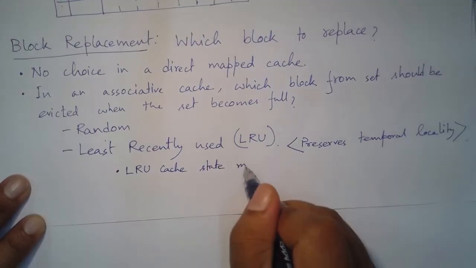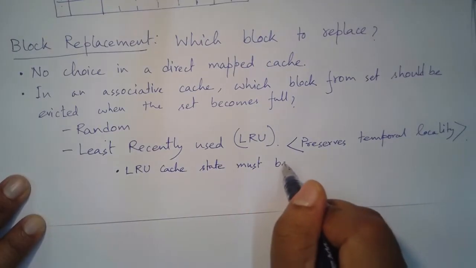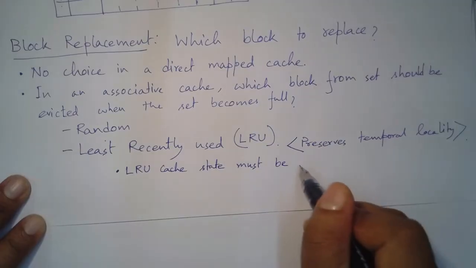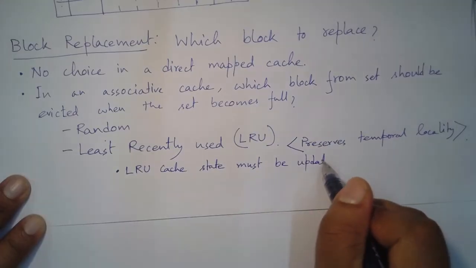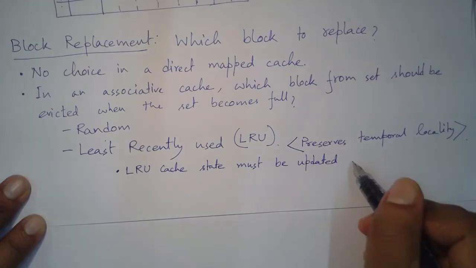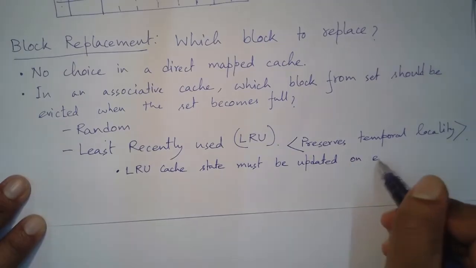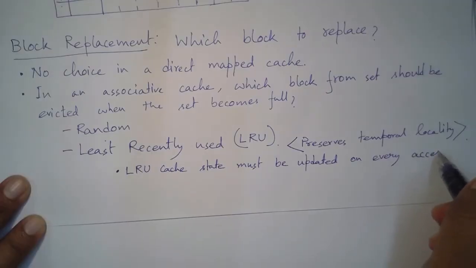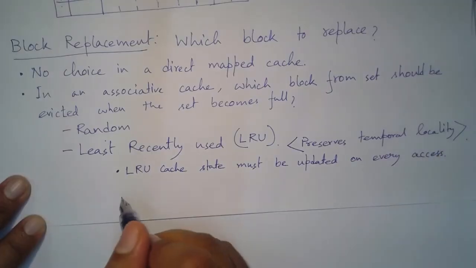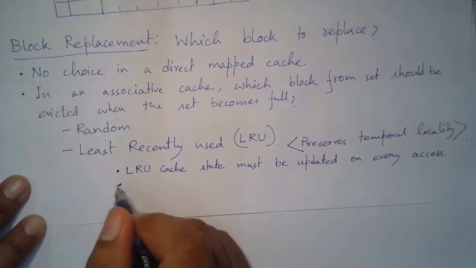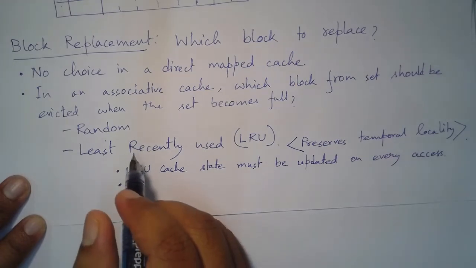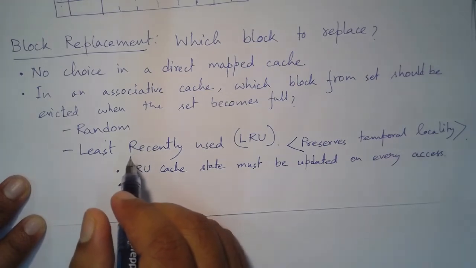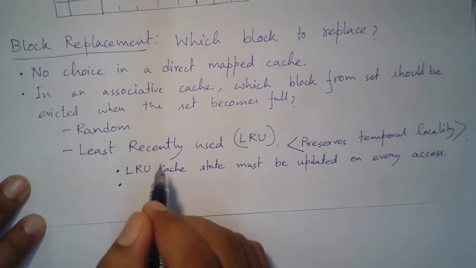Then, true implementation is only feasible for very small sets like a 2-way set associative cache, etc.